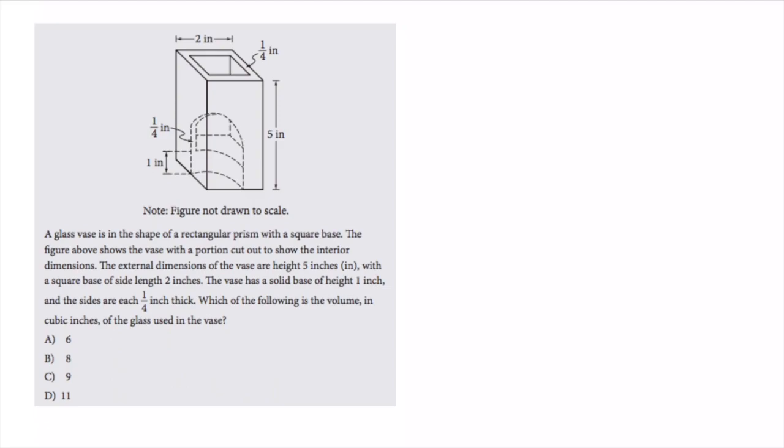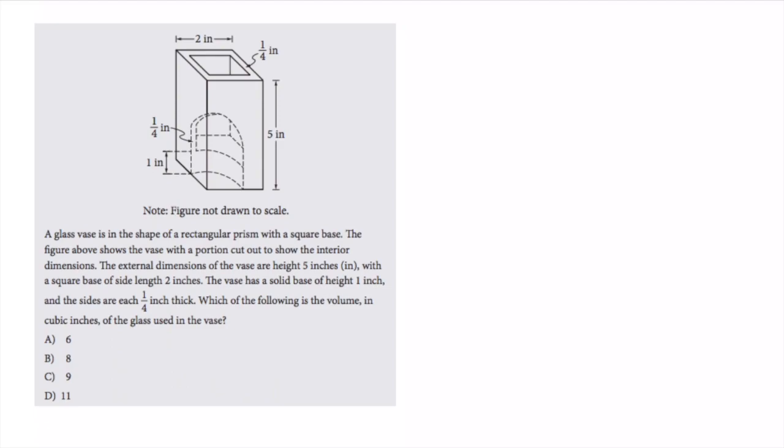Okay, the external dimensions of the vase are a height of 5 inches, square base that are each 2 by 2. Okay, the vase has a solid base of height 1 inch, and the sides are each a quarter inch thick. Which of the following is the volume in cubic inches of the glass used?